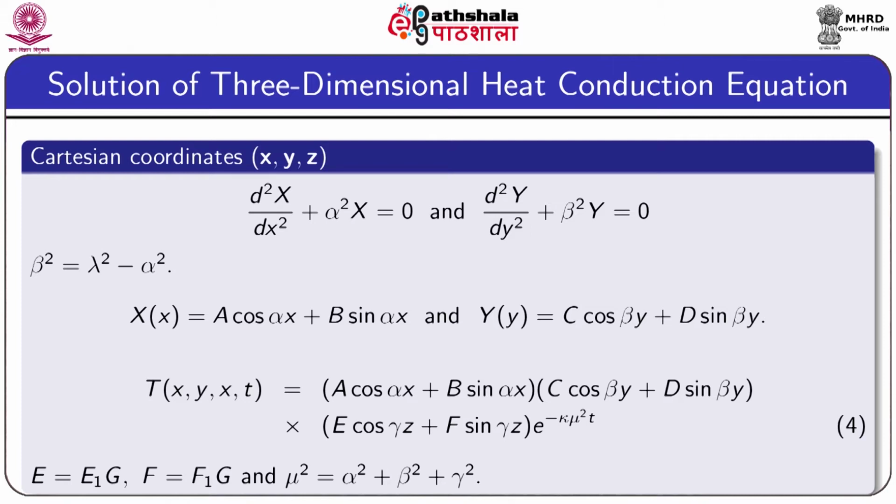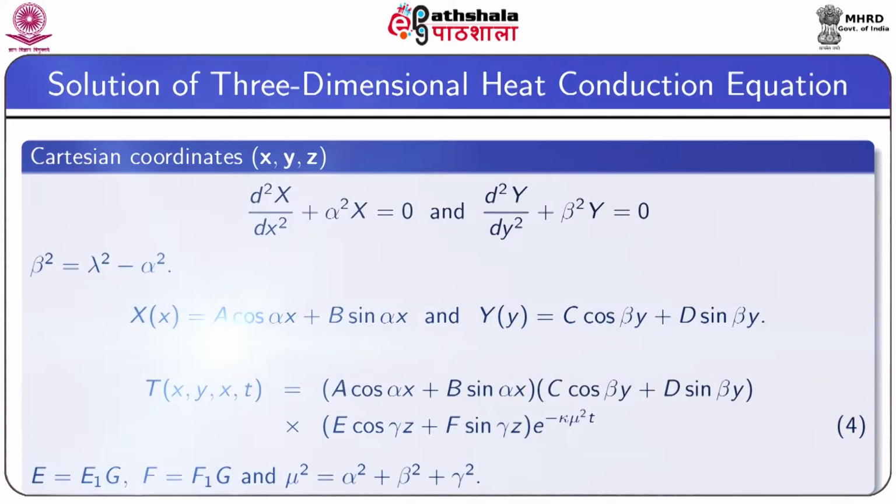Therefore, the required solution is given by capital T equal to the expression which is written here, where we have substituted the values of capital X, capital Y, capital Z and tau. So, the solution is written in equation number 4.